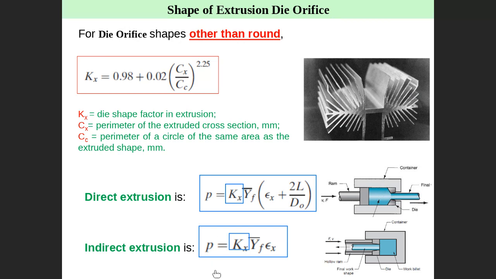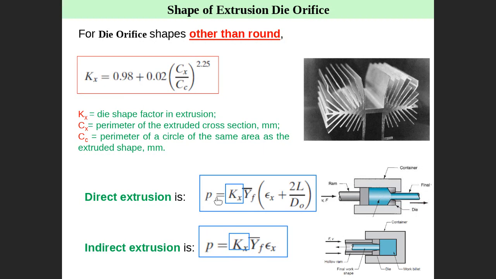So in case of indirect extrusion, the pressure equals y bar flow epsilon x. We added kx, then it becomes kx y bar flow epsilon x. In case of direct extrusion, the equation was y bar flow epsilon x plus 2L divided by dO. We added kx.